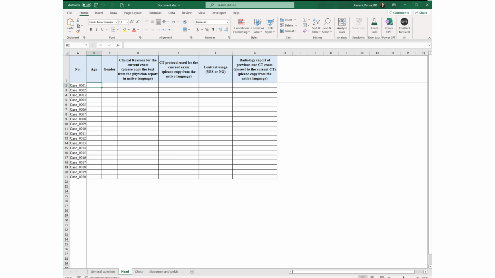So the way that you can include a case is if it is the same body part for both the clinical indication for the current exam and the radiology report for the previous exam. I hope it helps.